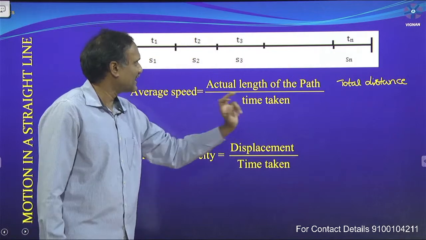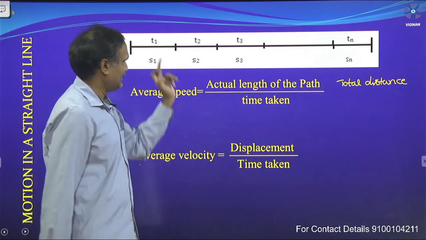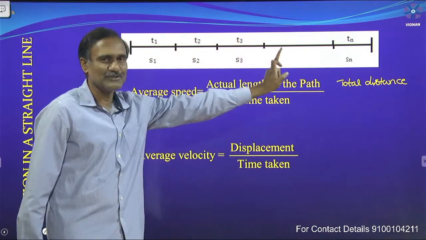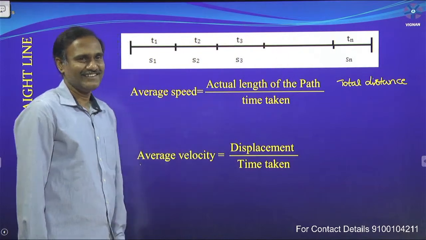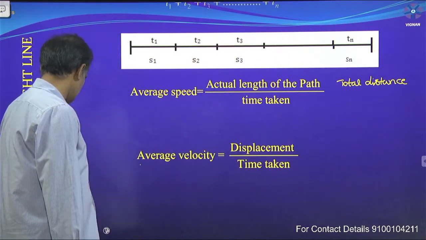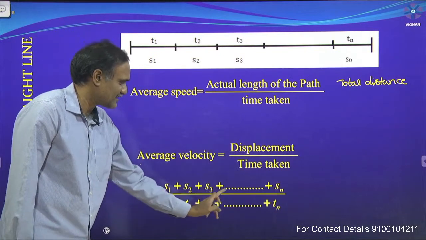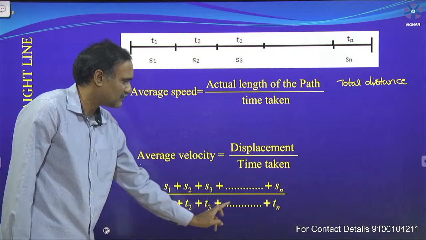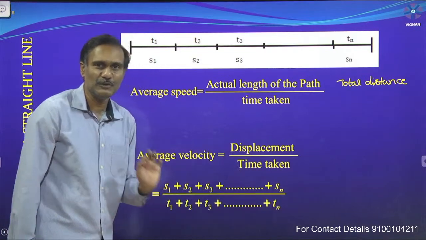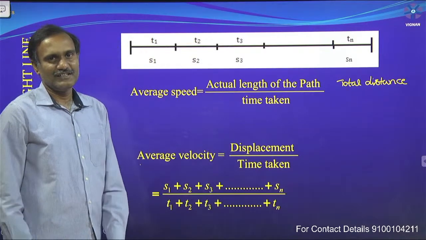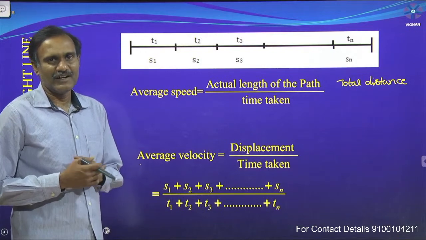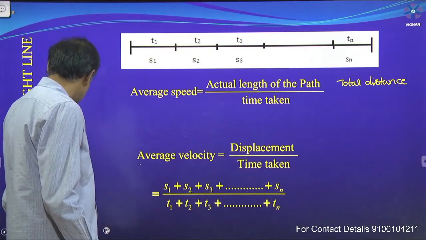What is the total time taken? t1 plus t2 plus t3 plus so on up to tn. That is, s1 plus s2 plus s3 plus so on up to sn divided by t1 plus t2 plus t3 plus so on up to tn. Now I am going to discuss another application here.